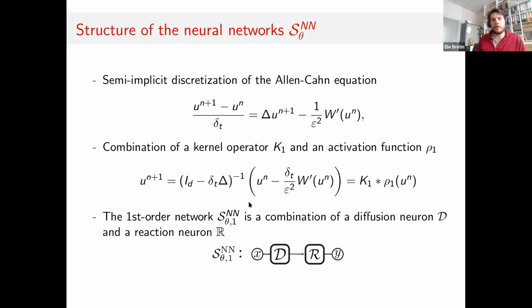And this operator can be modeled by a kernel convolution with an operator. So our idea is to consider a neural network, S theta, which is a combination of a diffusion operator, D, which corresponds to finding the kernel K1, combined with a reaction neuron, which should be an approximation of a 1D function.